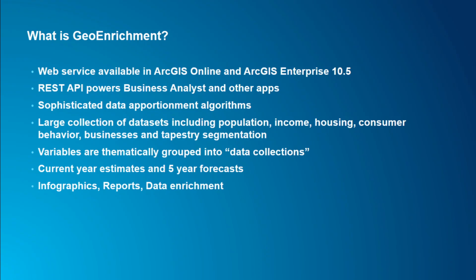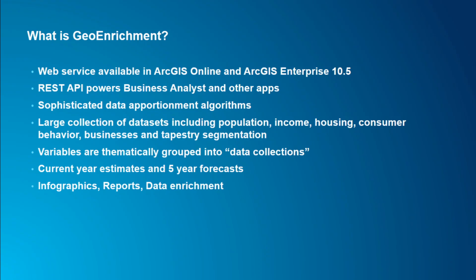And we do annual updates of the US data. So the 2017 US data update should be available around UC time this year. And so the way GeoEnrichment would typically express itself in an application would be through infographics, reports, and data enrichment.